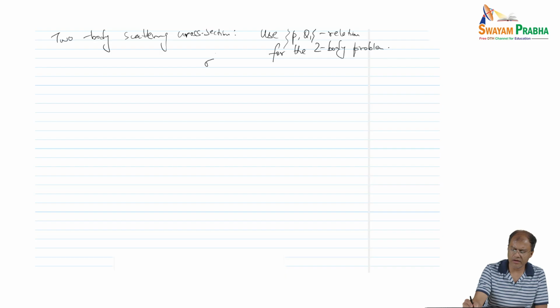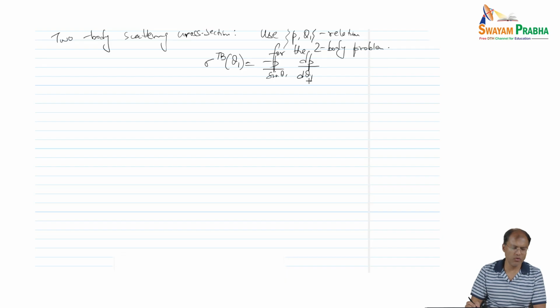And we see that sigma of theta 1 is minus p by sine theta 1 dp d theta 1, right? So this is our two-body problem, and typically this particular derivative dp d theta 1 is quite complicated. It has a complicated expression. So we simplify our formula as follows.